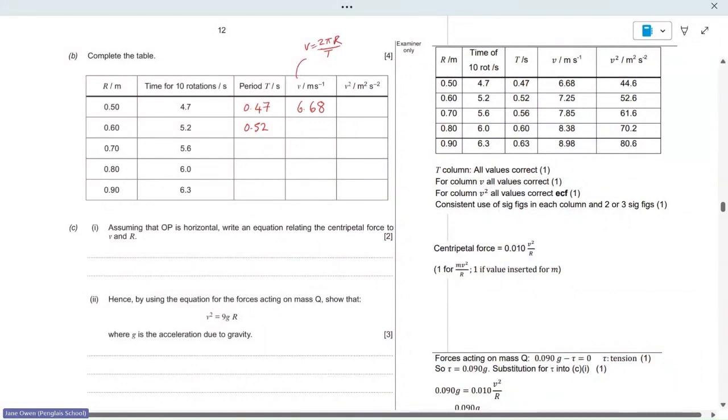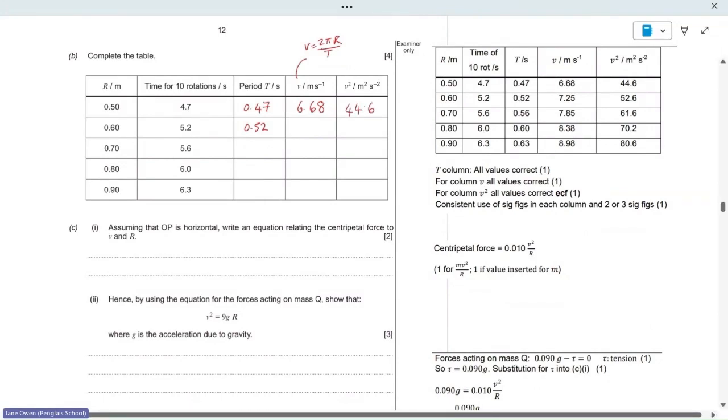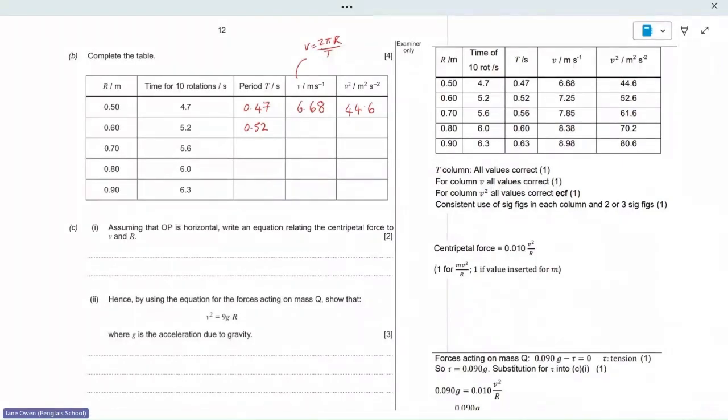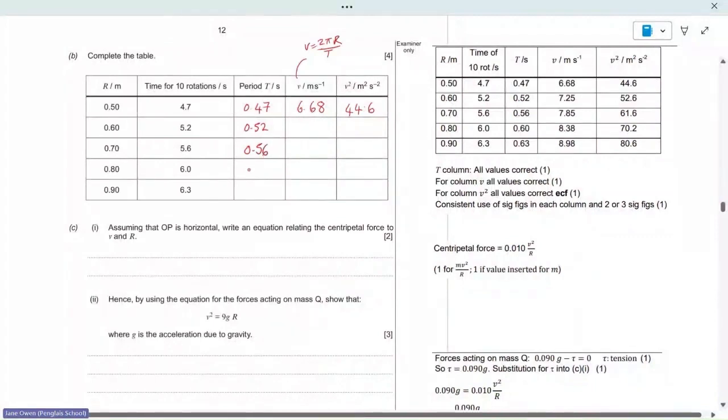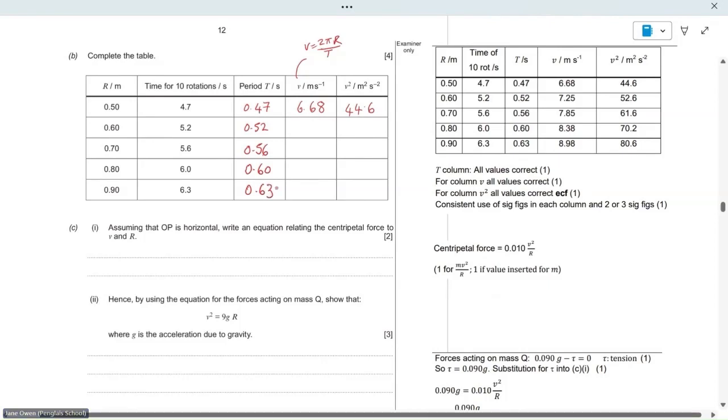And then if you square that, I would keep it to 3 significant figures, so 44.6. Now, however many significant figures you settle on, 2 or 3 significant figures will give you your marks. Just make sure it's the same all the way down the column. So this one will all be 2 significant figures, and this one, then when you work it out, 7.25, 7.85, 8.38.